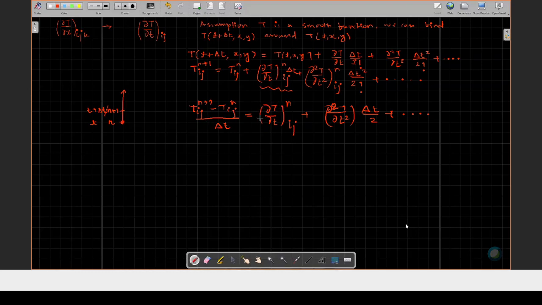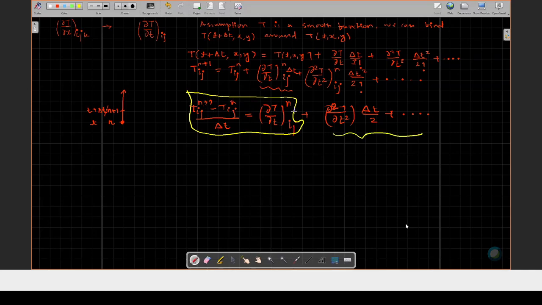From that we got the key expression for del T del t at ij, with these additional terms. These terms are called error terms.